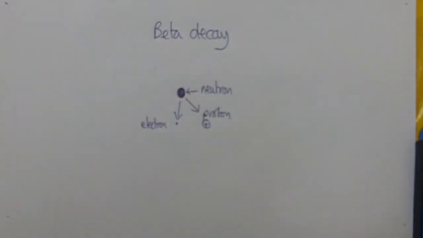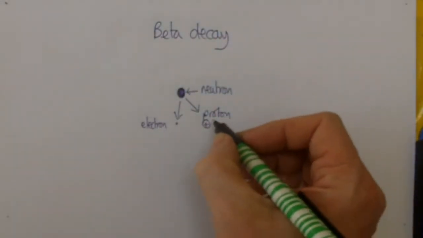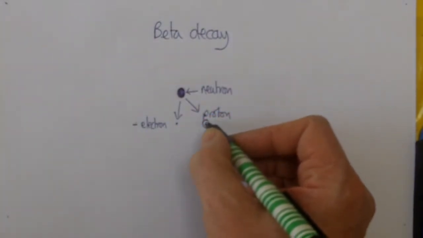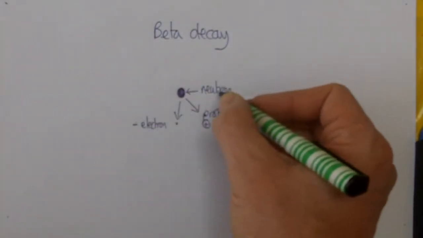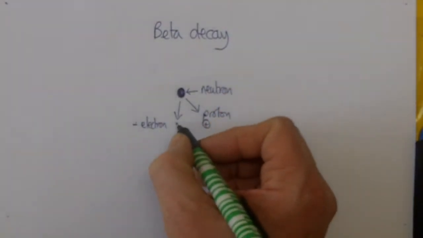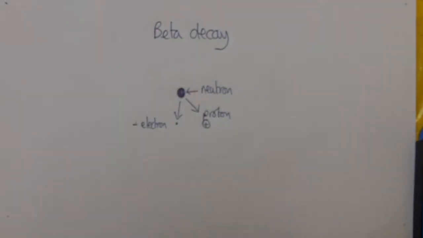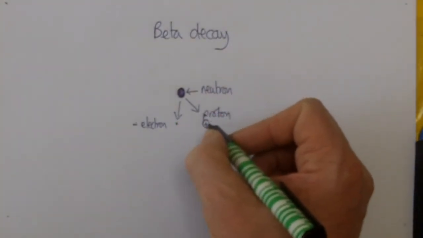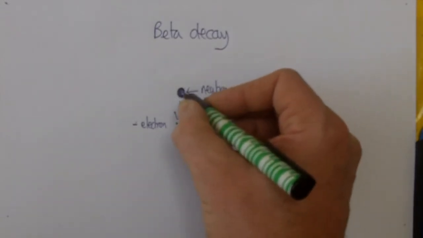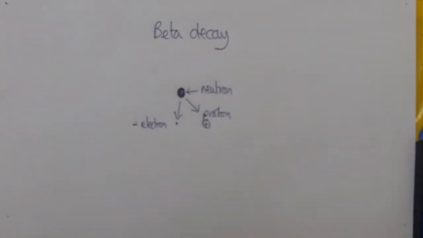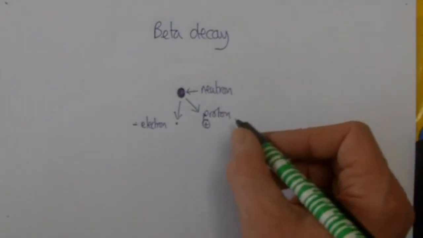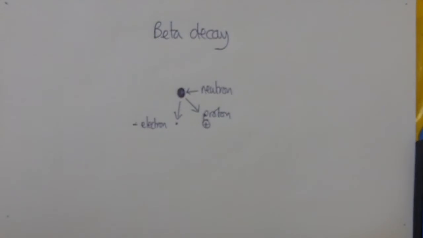Now, this is feasible in as much as an electron has a negative charge and a proton has a positive charge, so if you combine those together, you'll have something with a neutral or no charge. And the fact that the electron has hardly any mass at all means that there isn't too much of an issue about accepting the idea that the proton contains most of the mass, which is the same as the neutron, and the electron has a tiny bit extra. So you have to accept this instantaneous change of a neutron into a proton and an electron.